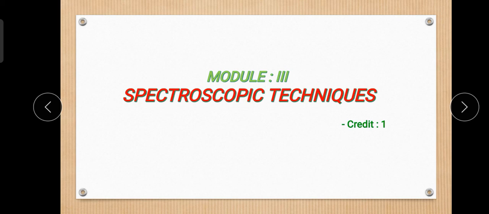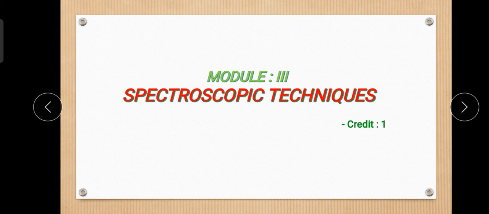spectroscopy in our previous lecture, and we discussed the introductory part of the IR spectroscopy. Also we studied the basic principle of the IR spectroscopy and why we call it vibrational rotational spectroscopy, and which molecules are IR active and which molecules are IR inactive.